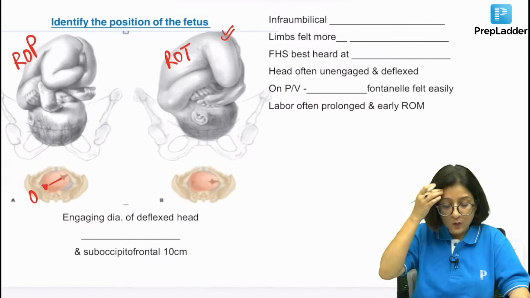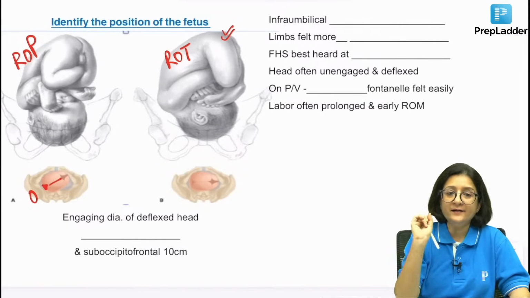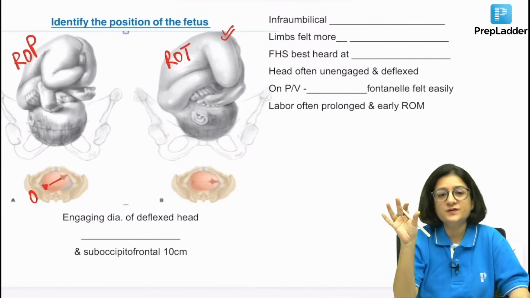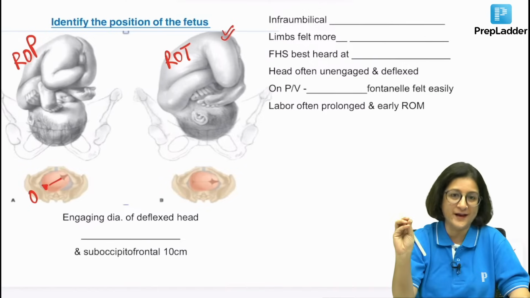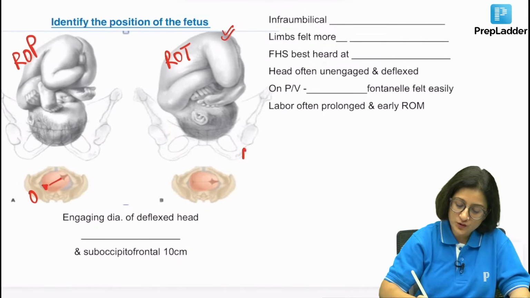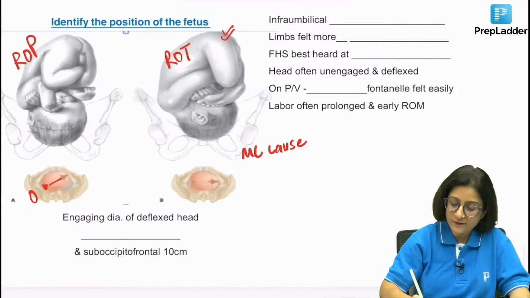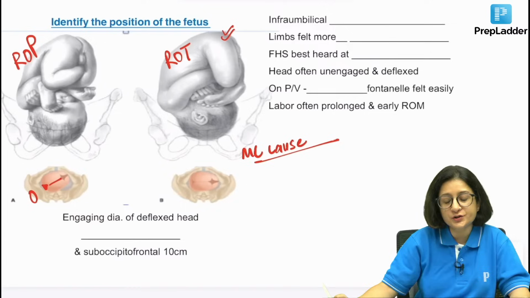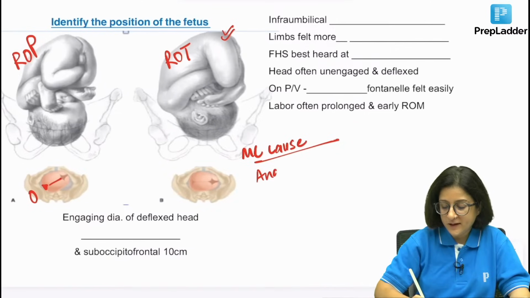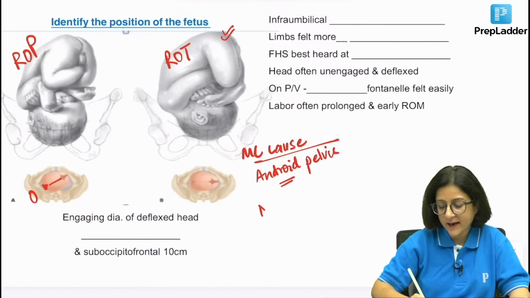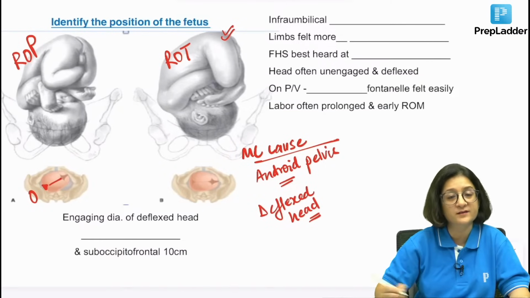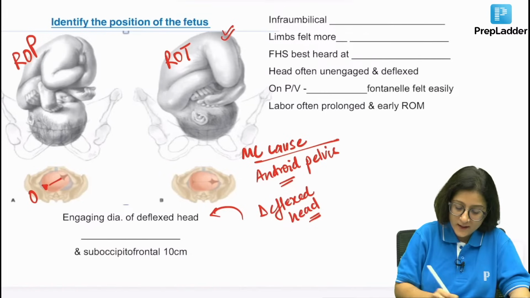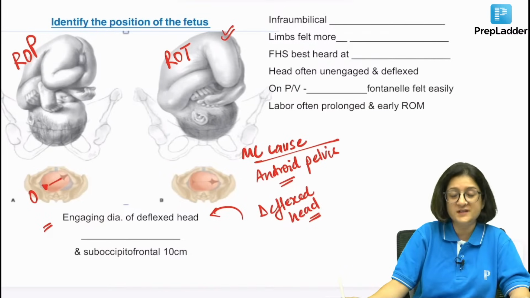Now, another question is that in right occipito-posterior positions, the head tends to be deflexed. The most common cause of right occipito-posterior position is android pelvis, and another reason is the head being deflexed. So the question is, what is the engaging diameter of a deflexed head?